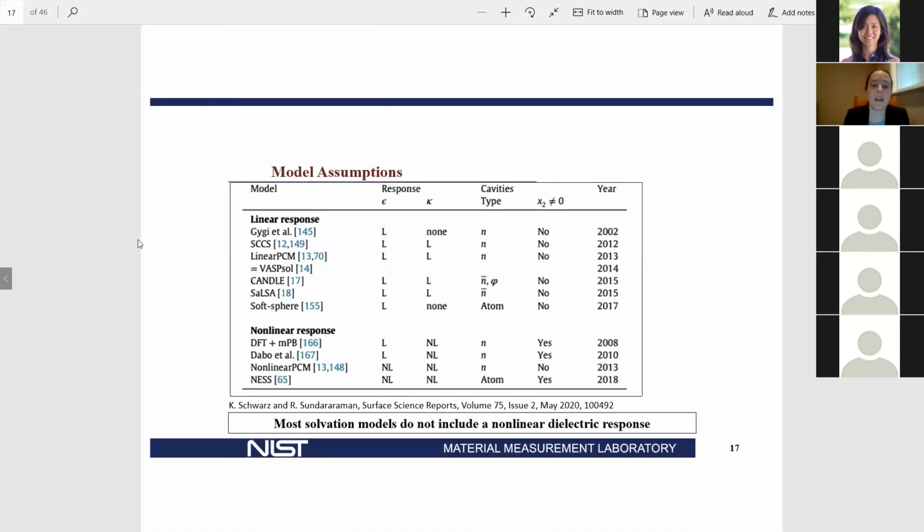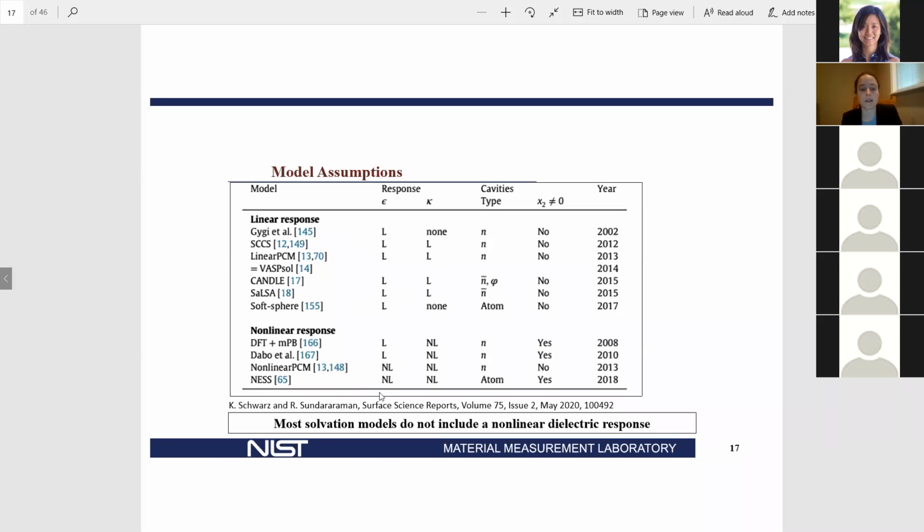However, this model has not been widely applied yet. Here, I illustrate a number of the linear response and nonlinear response continuum solvation models that have been developed over the last few years. The vast majority of these do not have a nonlinear dielectric.